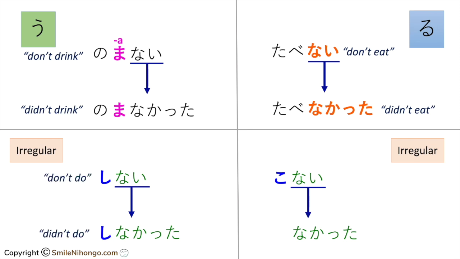The irregular verb しない, don't do, becomes しなかった for didn't do, and 来ない, don't come, becomes 来なかった for didn't come.